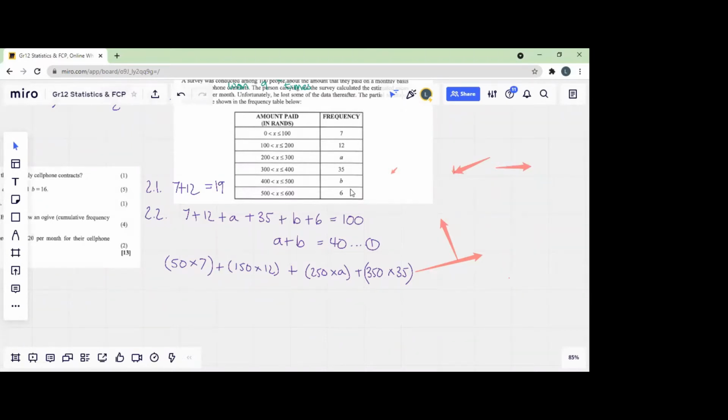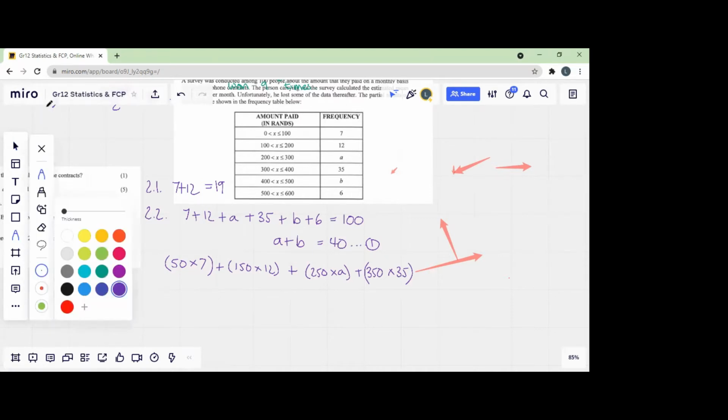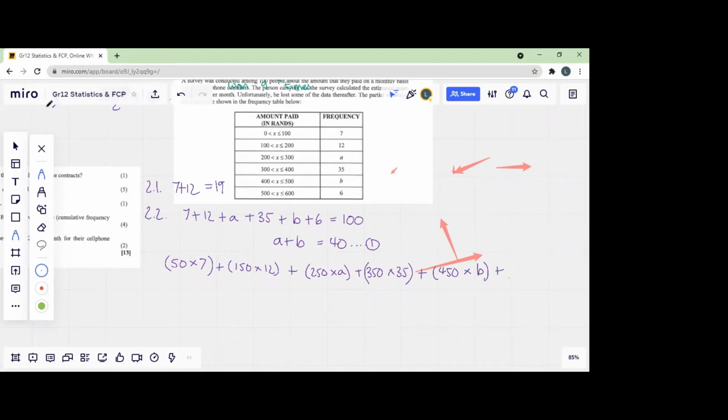Plus $450 is the next midpoint, multiplied by B, plus the last midpoint would be 550, multiplied by 6.